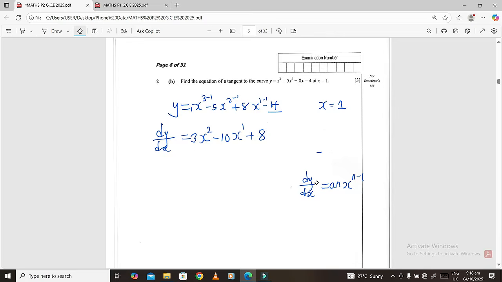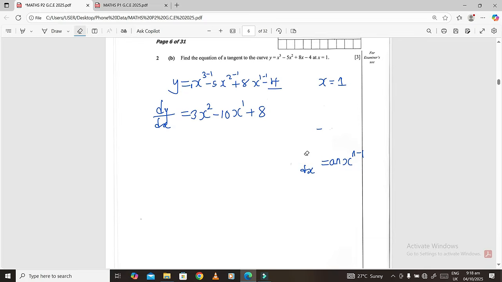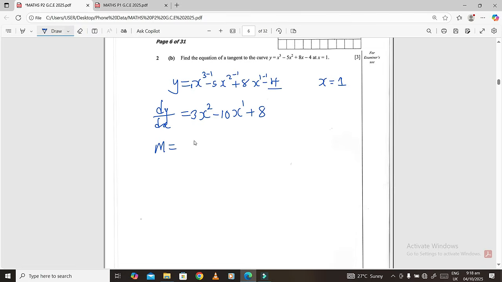So from here, we have found the gradient function. Now we need to find the actual gradient. We will denote the gradient using the letter m, and then we shall say 3, and everywhere where we see x, we substitute a 1.